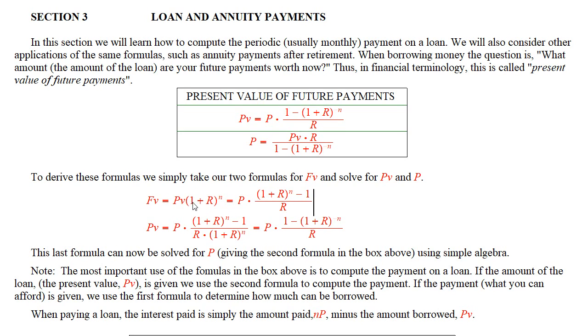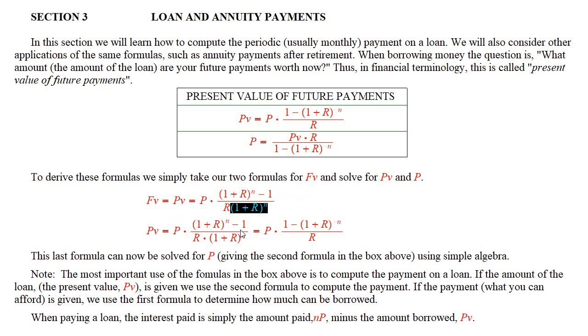And then if we solve that for PV, we're going to divide both sides by this quantity. So divided on the left, you just get the PV, and then divided on the right, it's going to come down here. That's this expression right here.